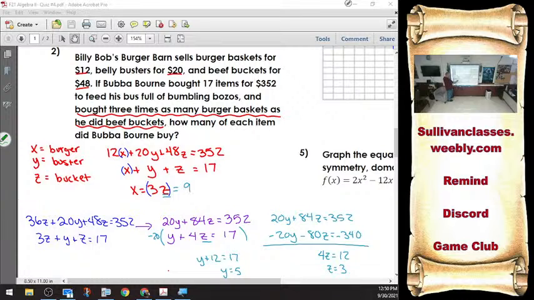Bubba Born bought 9 burger baskets, 5 belly busters, and 3 beef buckets. Moral of the story, you're going to have a 3-variable system in which one of the lines will be a substitution, okay? Make it a little bit easier.